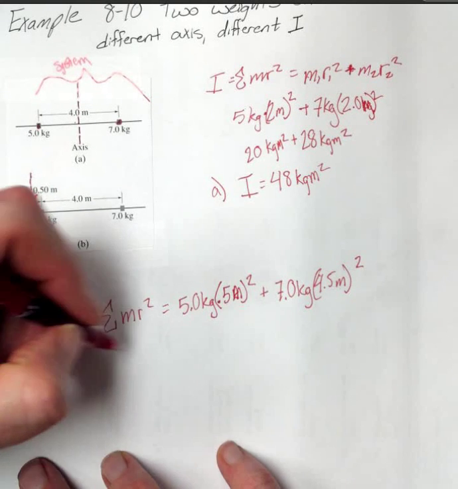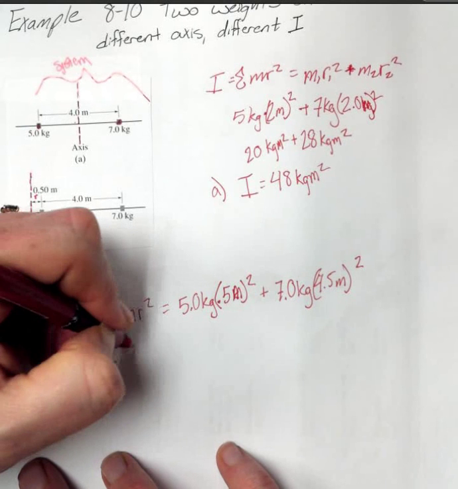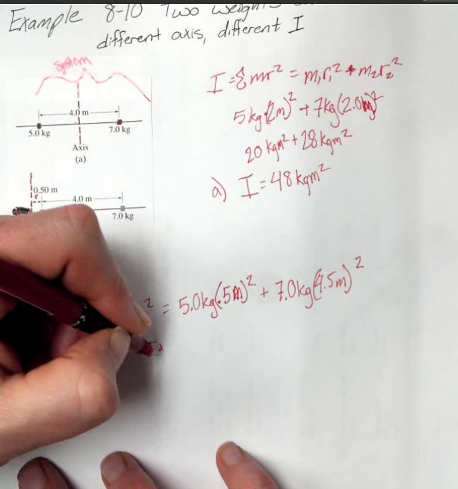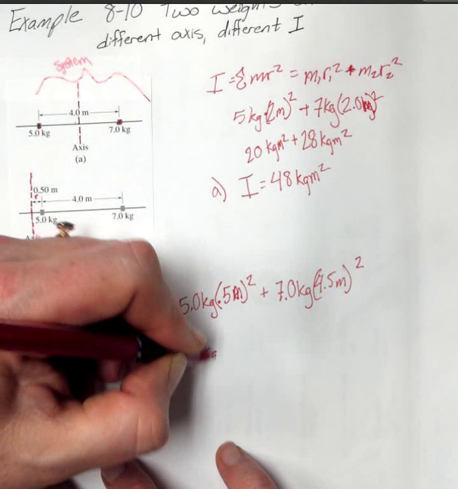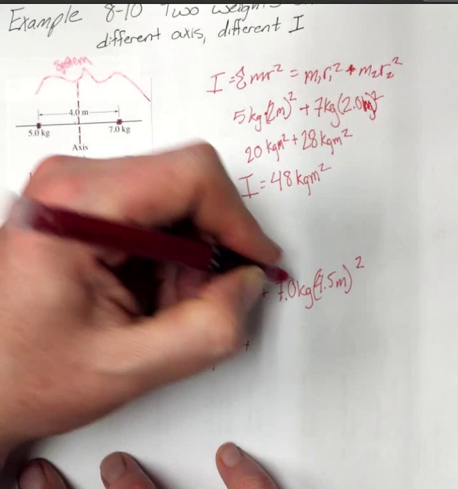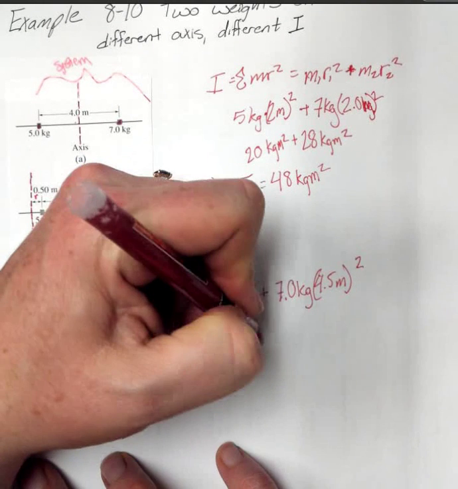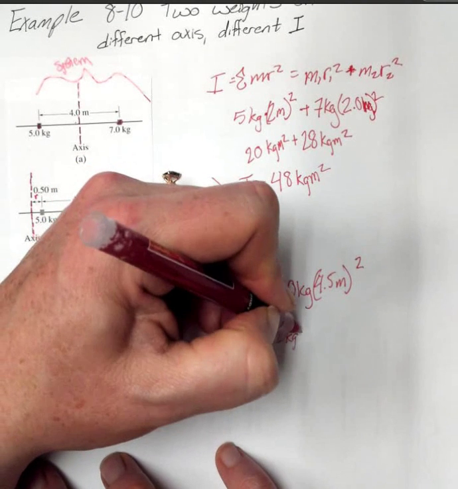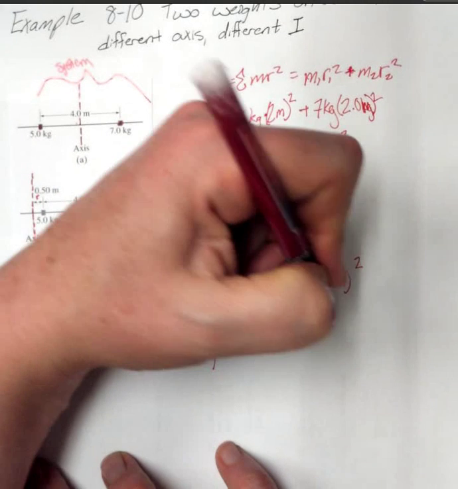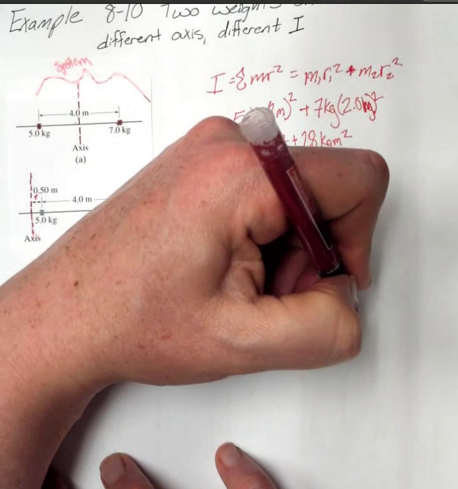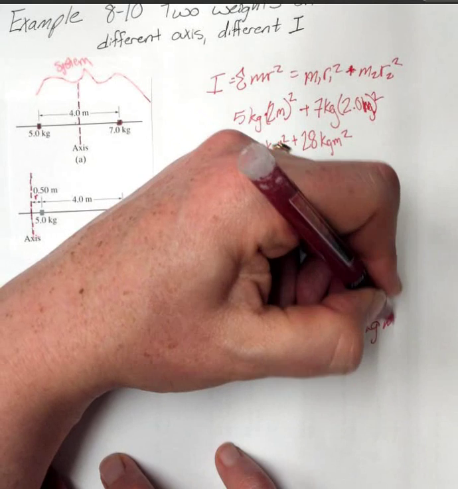So here we have 5 times 0.5 squared is 1.3 kilogram meters squared, plus 7 times 4.5 squared is 142 kilogram meters squared. So that's going to give us a total of about 143 kilogram meters squared.